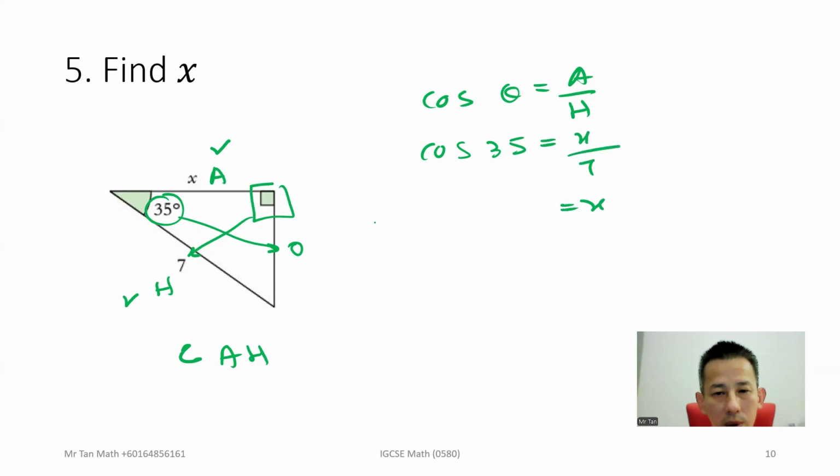Therefore, your x equal to cos 35 times 7. Calculate, you should get 5.73.